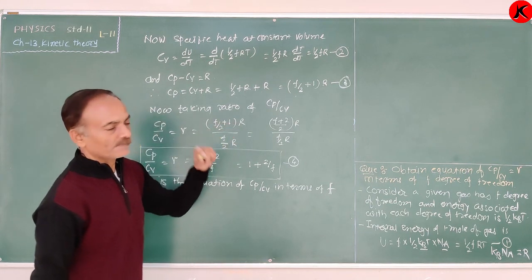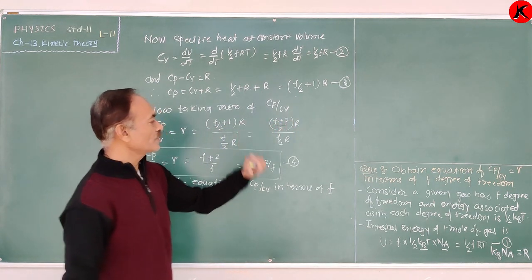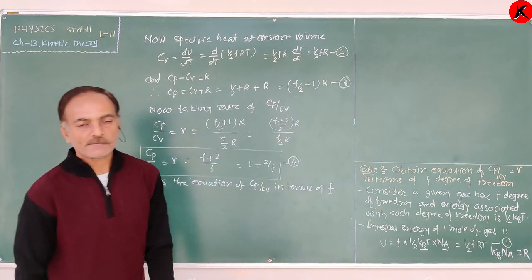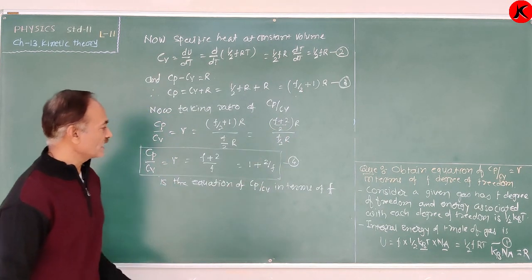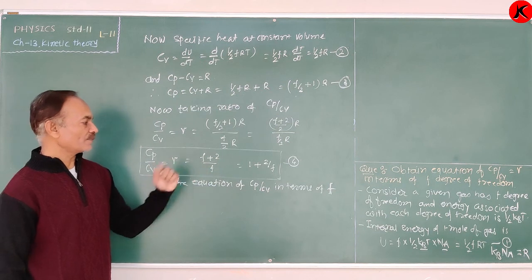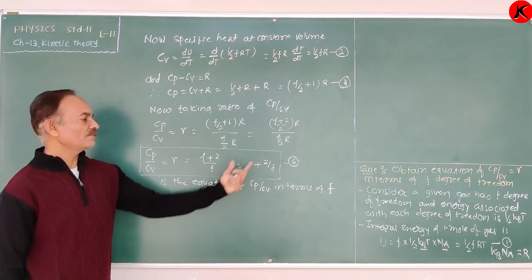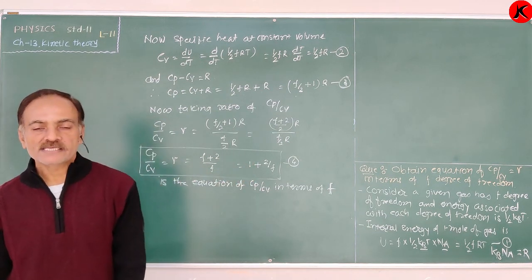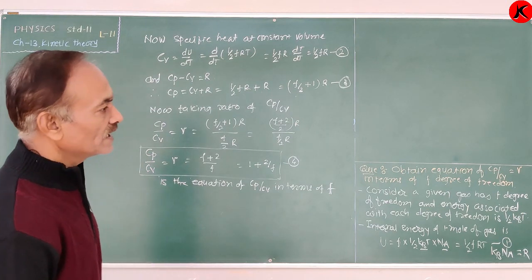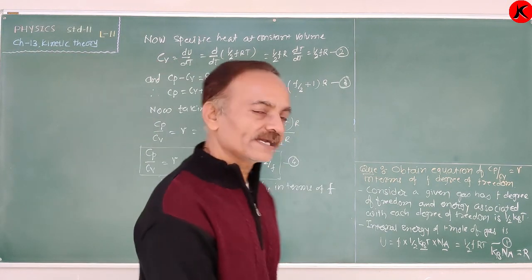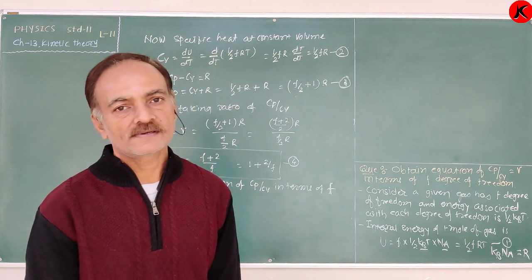Here we take the LCM: F plus 2 upon 2 into R, and R by 2 cancel. We obtain F plus 2 upon F. Therefore, 1 plus 2 upon F is the equation of Cp upon Cv for a given gas having degree of freedom F. Clear it?